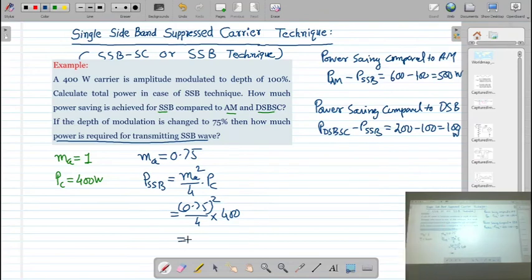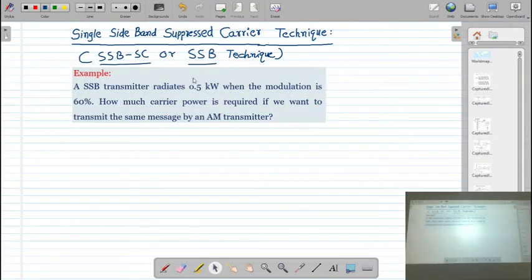And here if you calculate, then this will come out to be 56.25 watt. Okay? So in this way you can solve this example. Now let us see another example. This is a simple example.